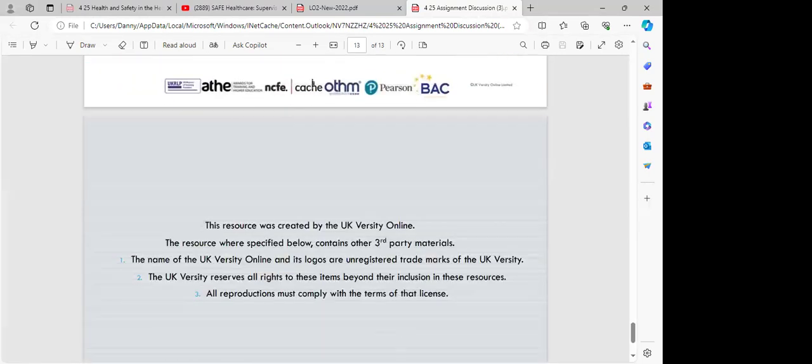So let's see this. So learning outcome 3. So assessment discussions, assessment template. See if this can help.